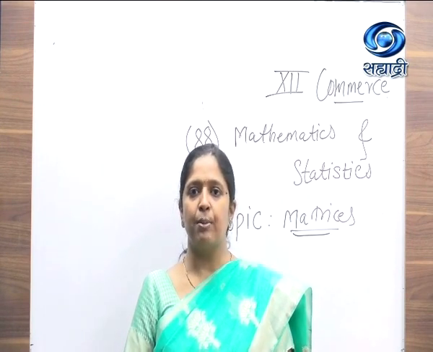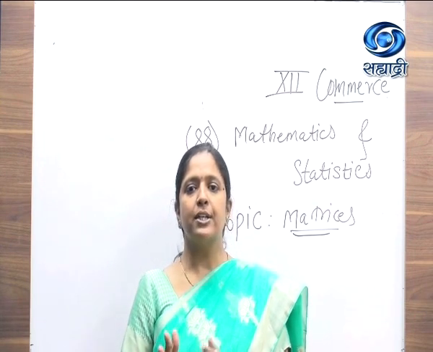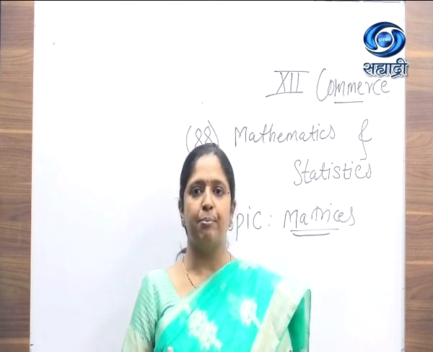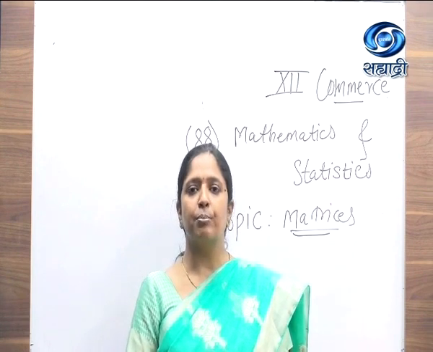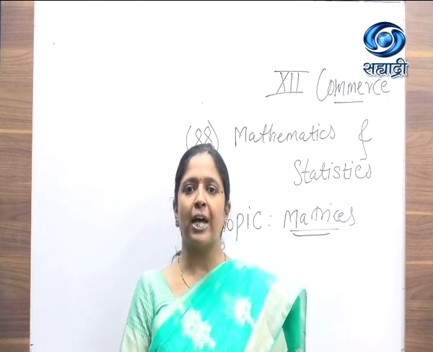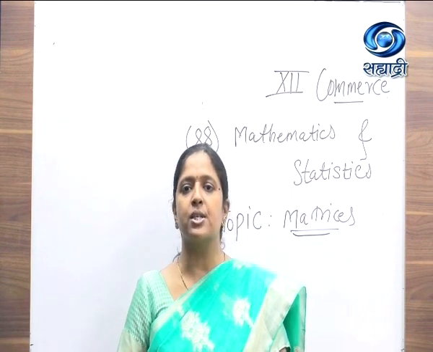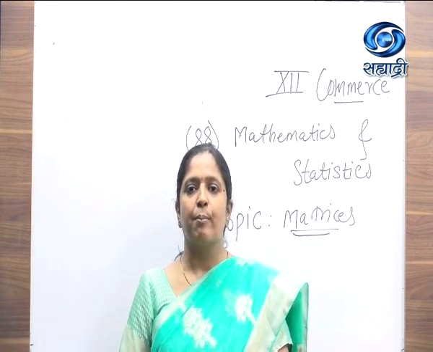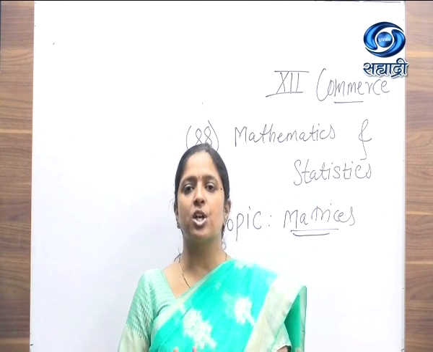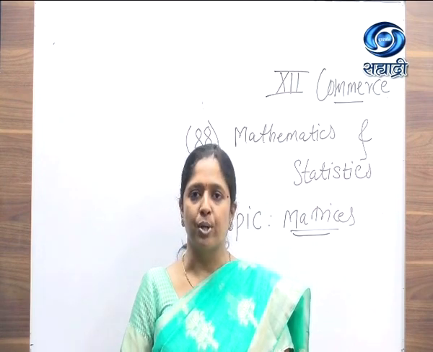These two notations are very important because there is a difference between determinant and matrix. A determinant has a value, but a matrix has no value associated with it. A matrix is just an arrangement of numbers.